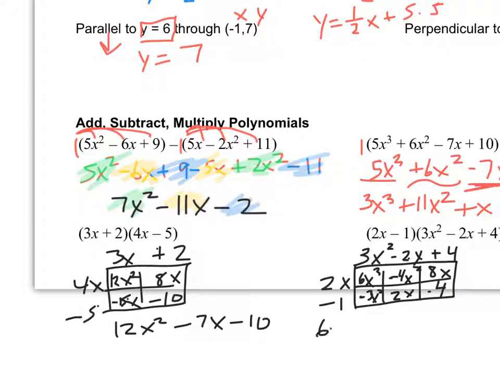Alright, so I get 6x cubed minus 7x squared plus 10x minus 4.